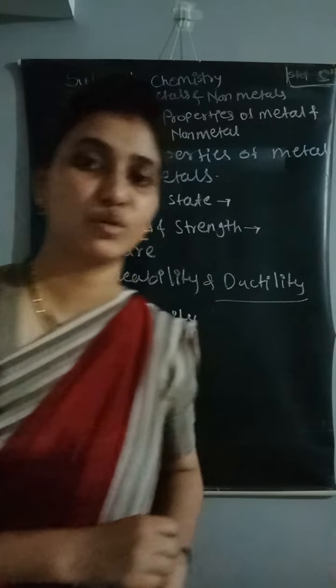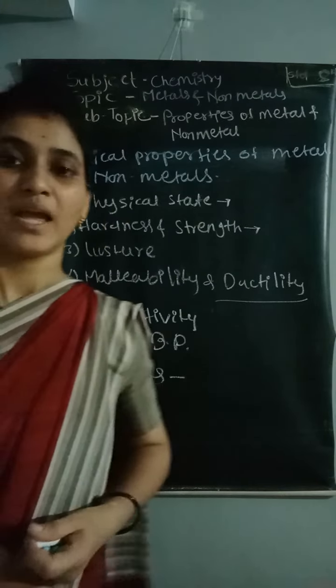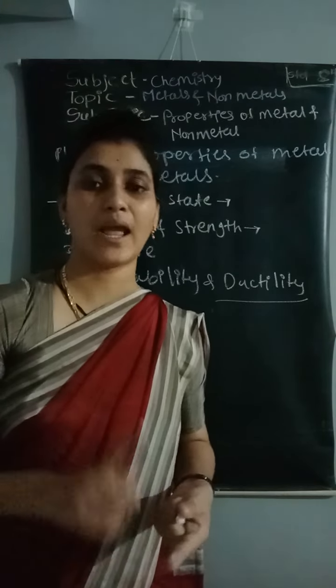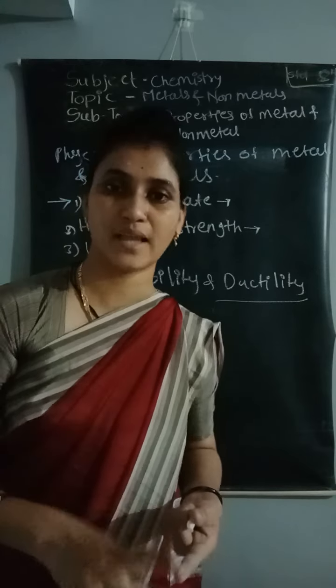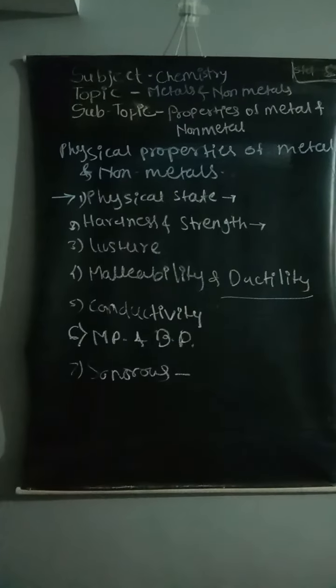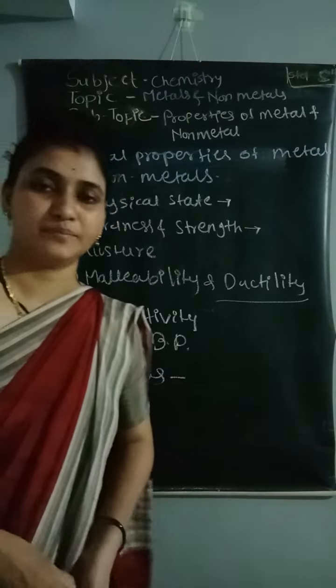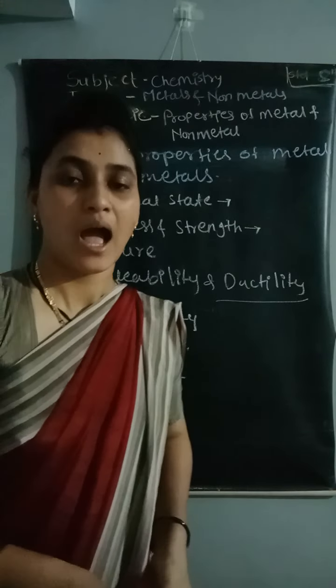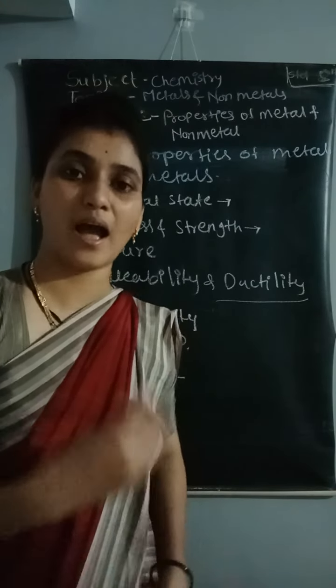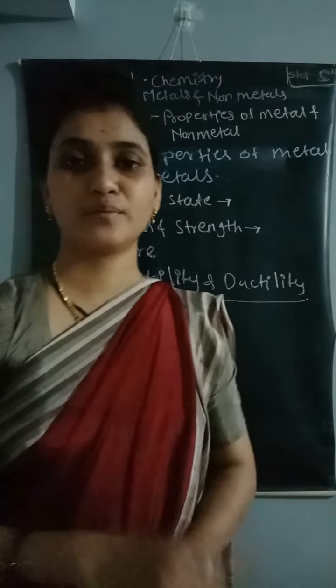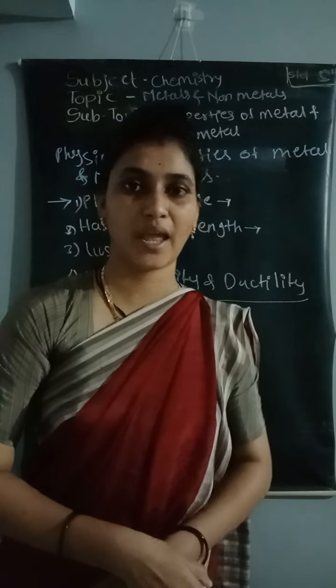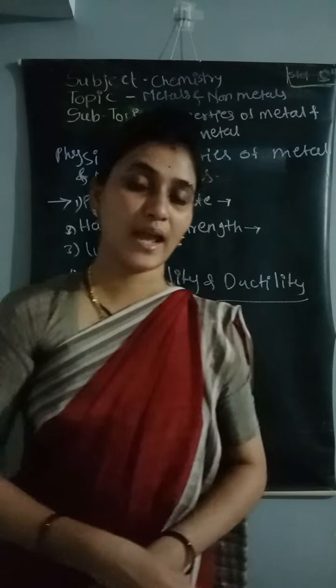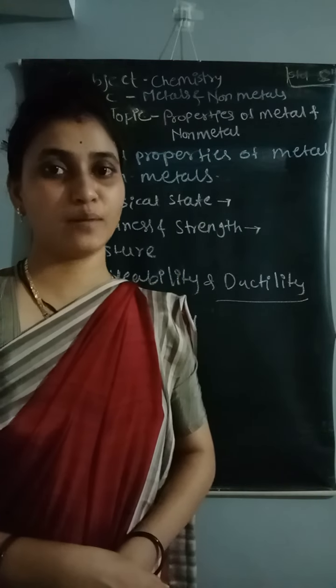After that, we will go to the next property, that is the melting point and boiling point of metals and non-metals. Generally, metals have a high melting point and high boiling point. Here the exceptions are sodium and phosphorus, which have a low melting point and boiling point.